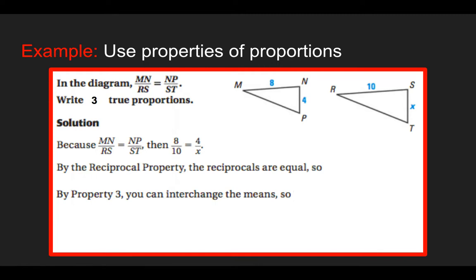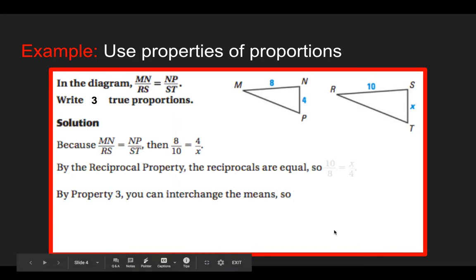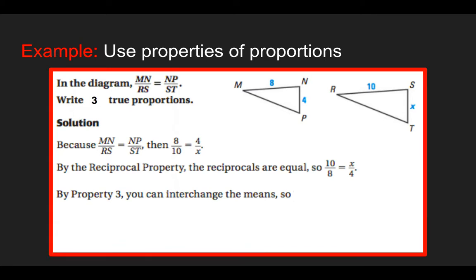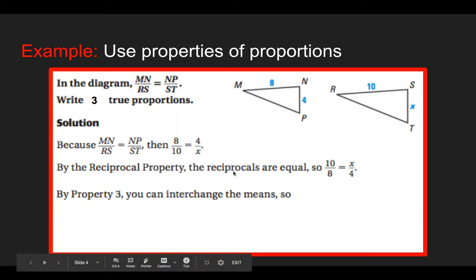By this reciprocal property, I can rewrite this by flipping both fractions. So 8 over 10 is going to become 10 over 8, and 4 over X is going to become X over 4. Note that when you use the reciprocal property, you have to change both fractions. And we can test to make sure this is right.